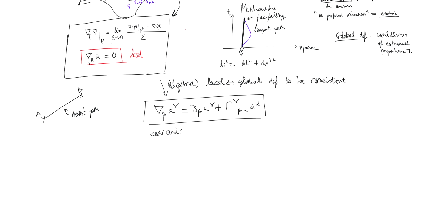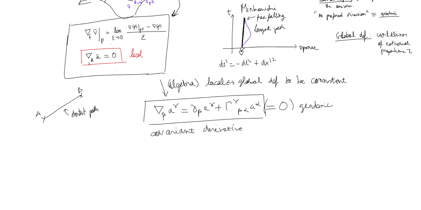And now we know that my vector field A has been parallel transported along a geodesic if it equates to 0. So this is now the meaning of geodesic.